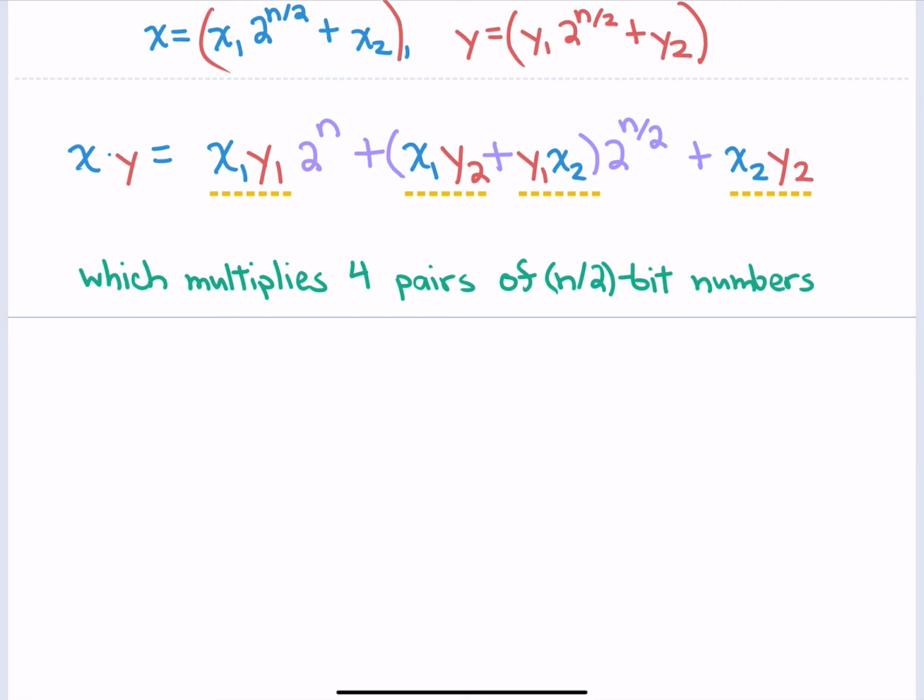So if we wrote out the recurrence, it will look something like T of n is equal to 4 times T of n over 2. Okay, I have 4 subproblems, with half as many bits, plus how much would I need beyond this?